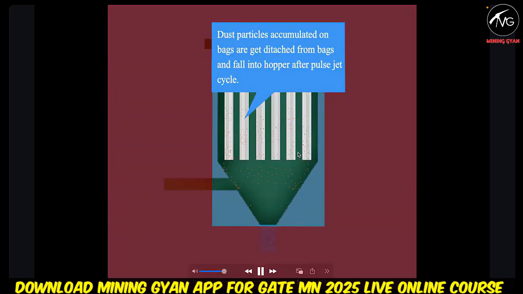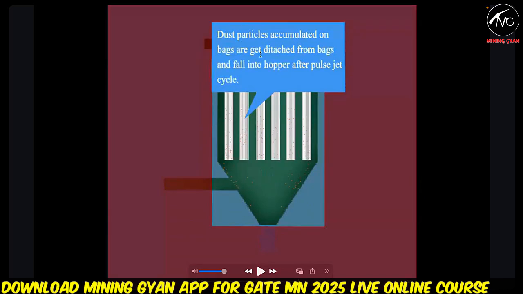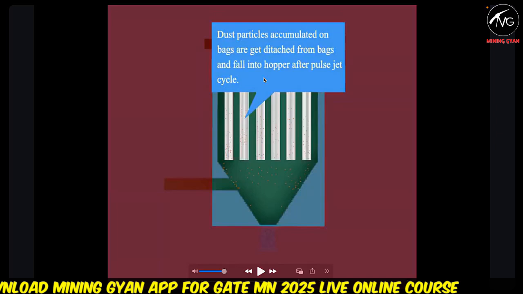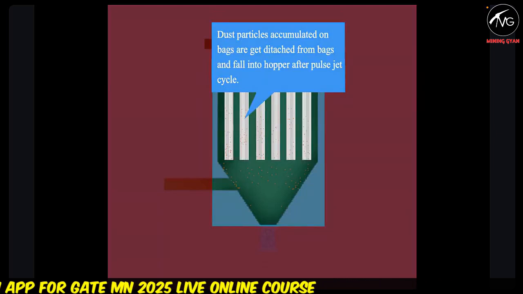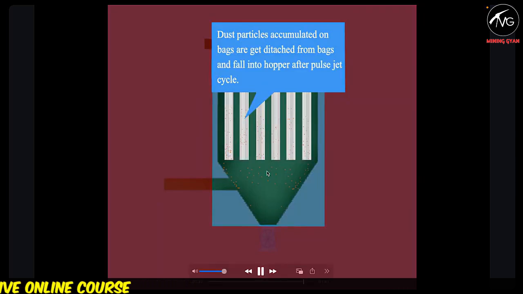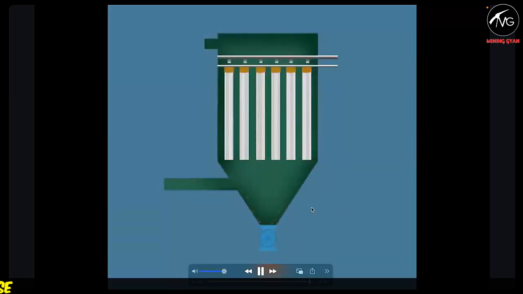The dust particles accumulated on the bag get detached from the bag and fall down into the hopper. You collect the dust particles.